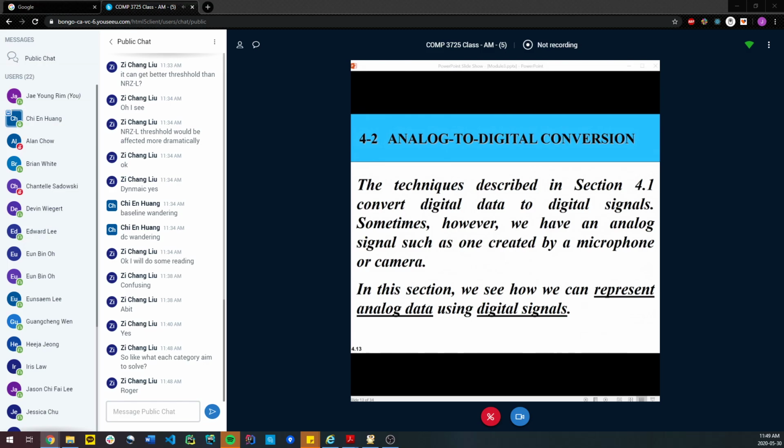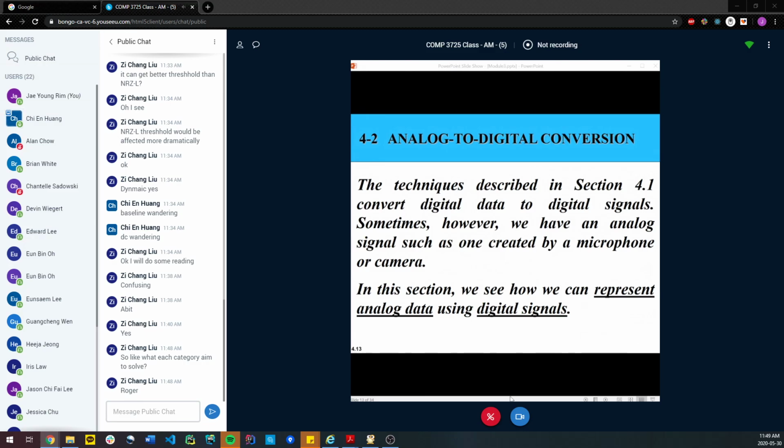Anytime you use a voice-activated command, your source is analog and what you transmit is digital. That's an A to D. Every time you speak to a digital mic, this happens.